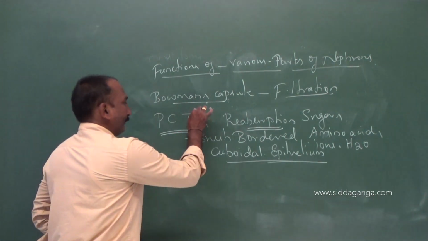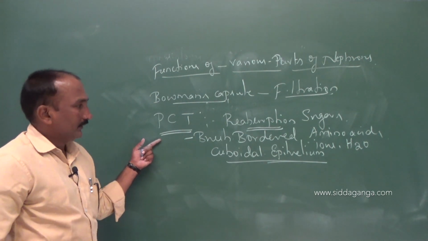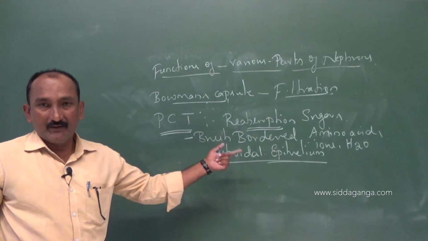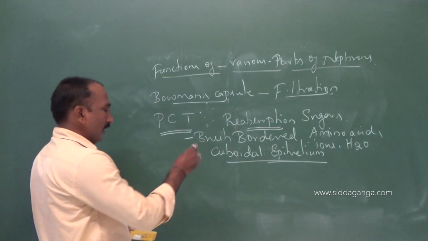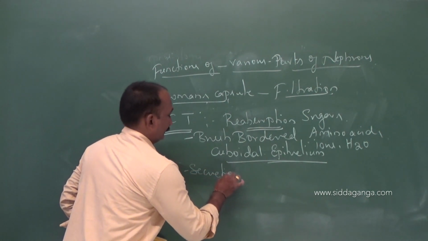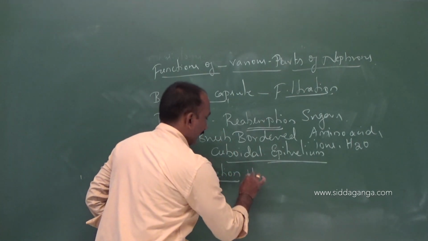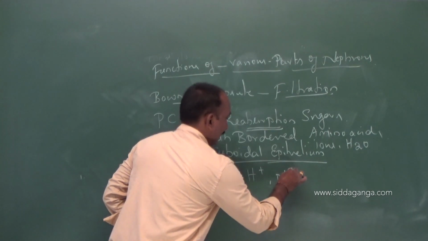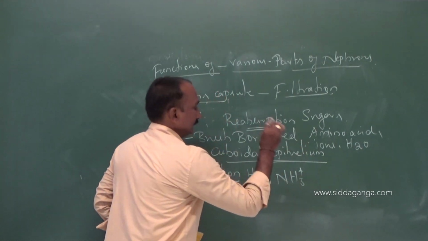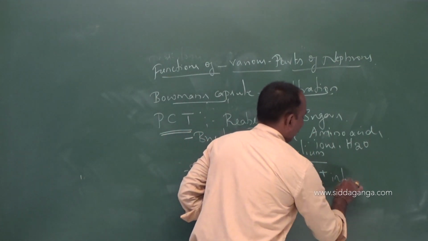Not only reabsorption, the PCT is also involved in the selective secretion of H plus, ammonia and K plus ions into the filtrate.